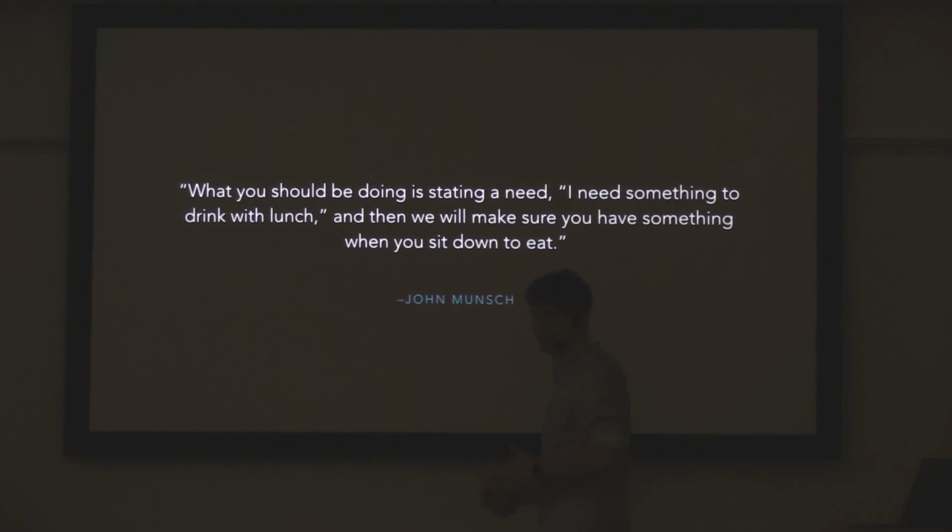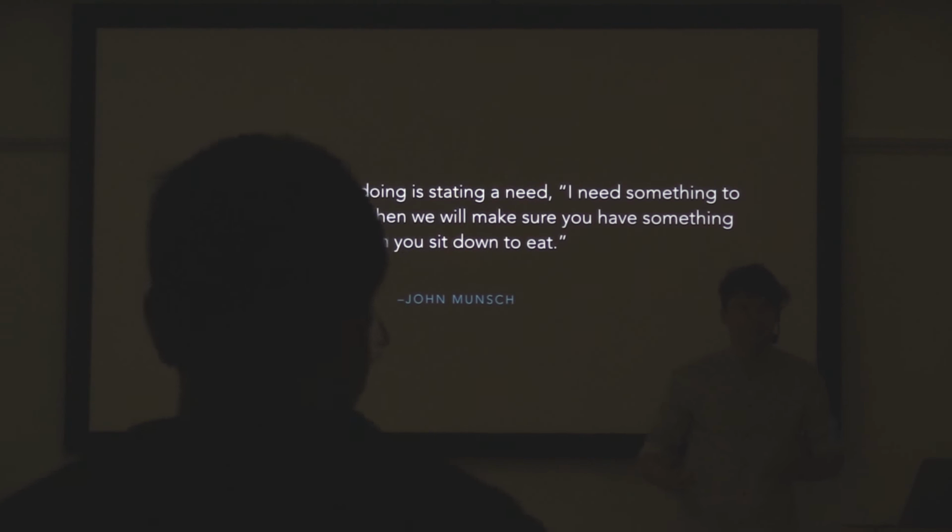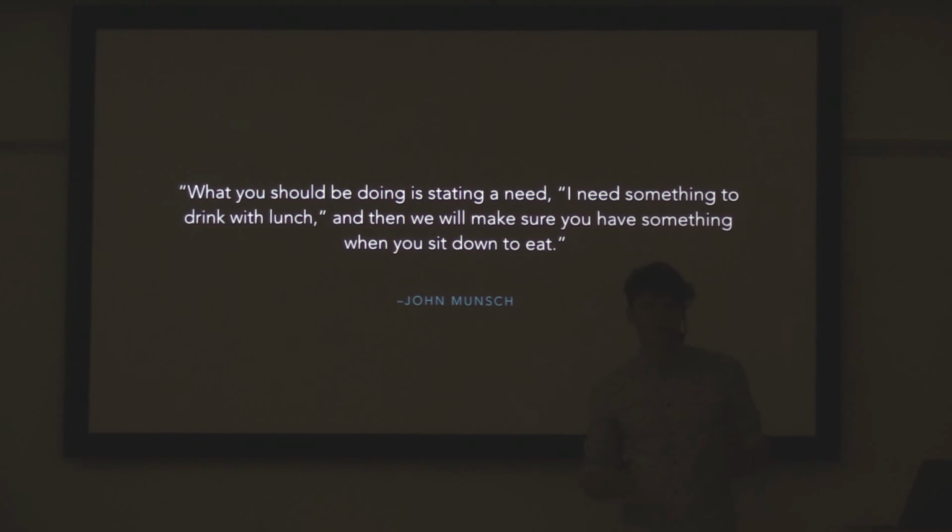Should they scavenge the fridge or hit the shop, the mall? Probably not. A better approach would be for them to state their needs: I want to eat, maybe I want this and that, and someone else who is not 5 years old will solve this issue for them and provide the food. So this is basically the idea in higher terms of what dependency injection is about.